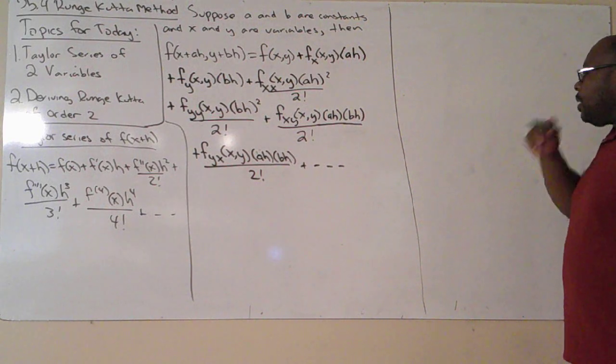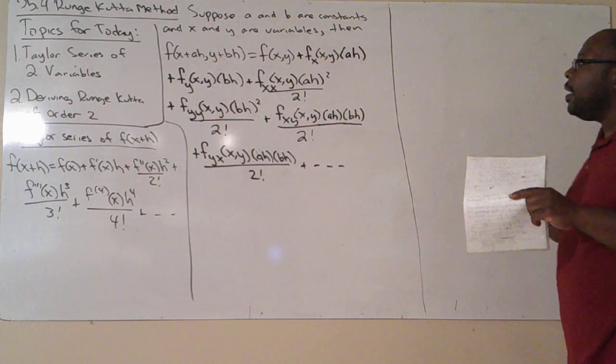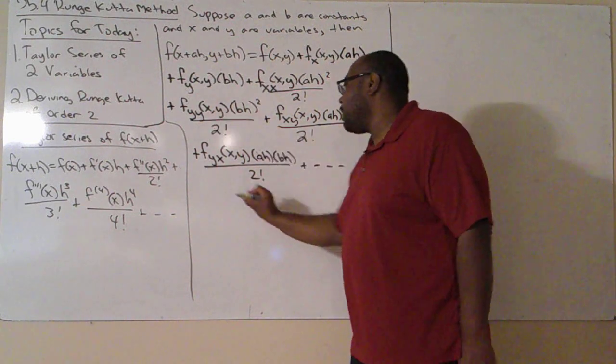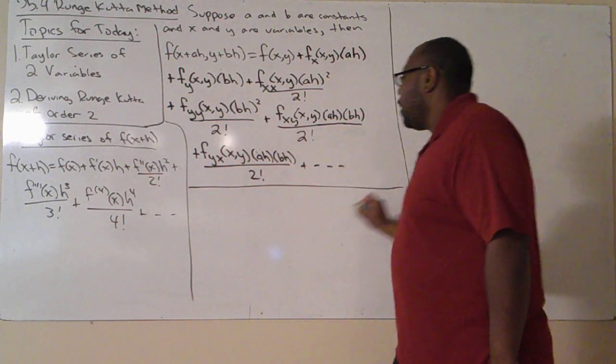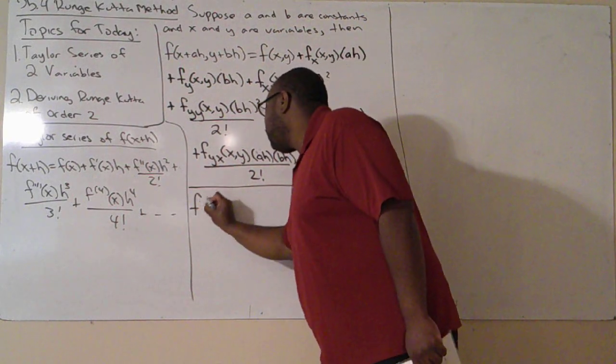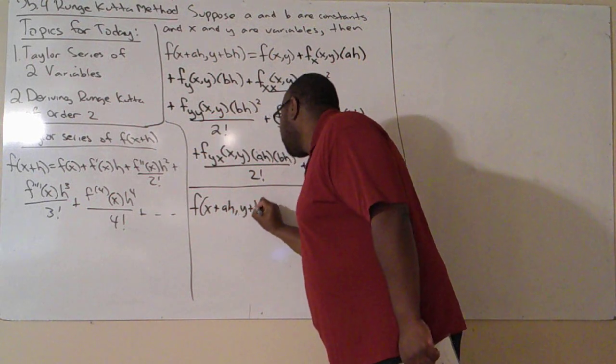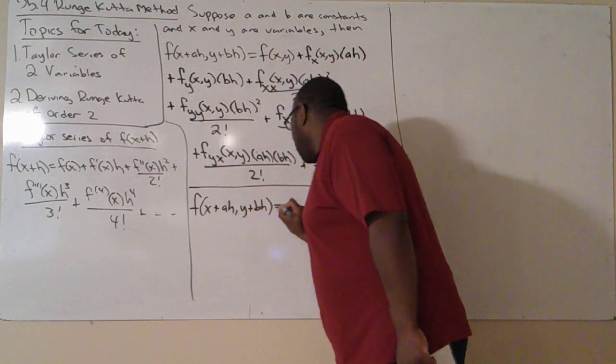So a lot of times what you'll see people do, to make this a little bit less hairy, is they won't write the x comma y every single time. So they'll do this, and that's what we're going to do too. I have f of x plus ah, comma y plus bh. I'm really going to write it like this.